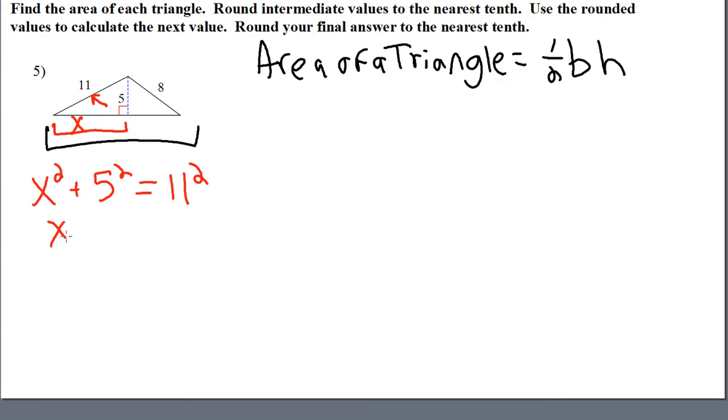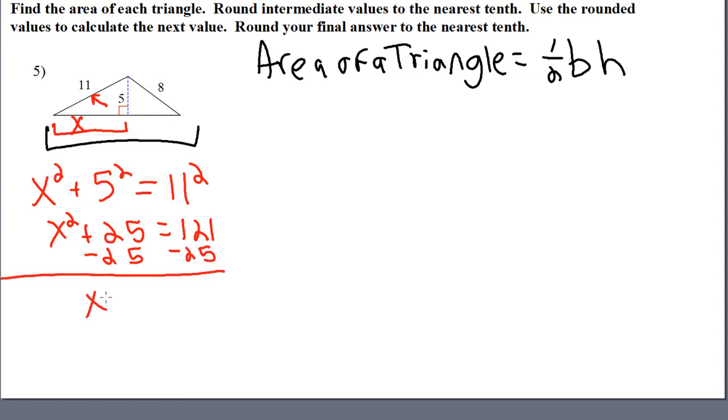X squared stays the same. Subtract 25. Well, I moved a little bit ahead, but 5 squared is 25. Let me write it out the whole way. So plus 25 equals 11 squared, which is 121. Subtract 25 on both sides.